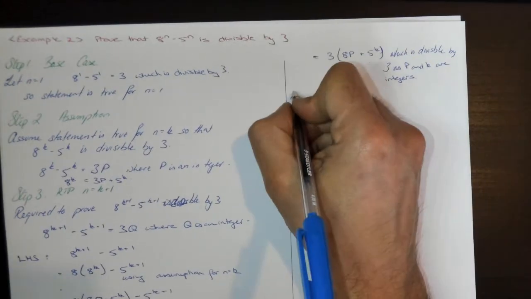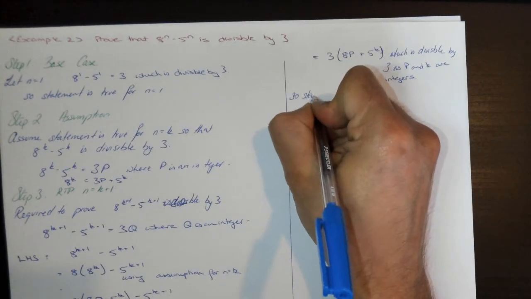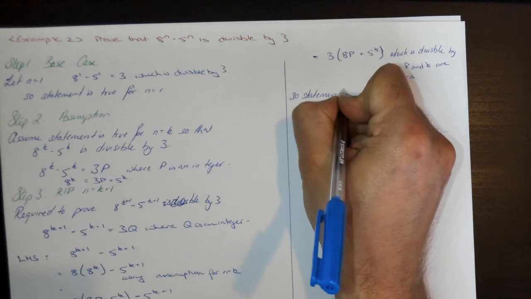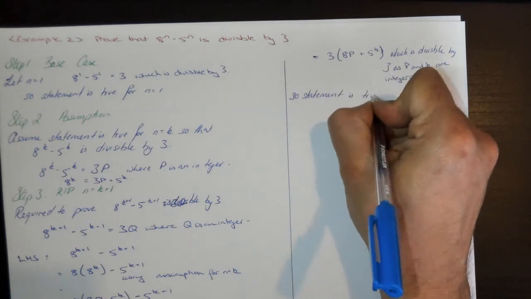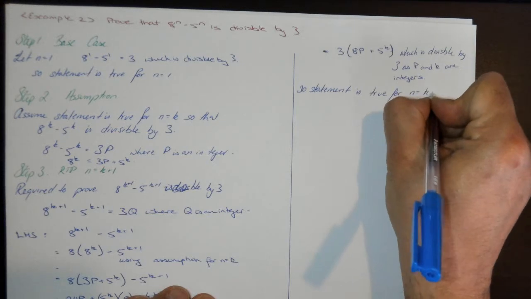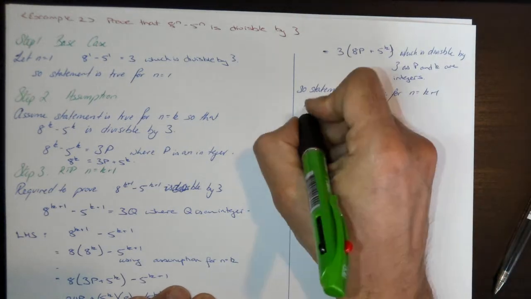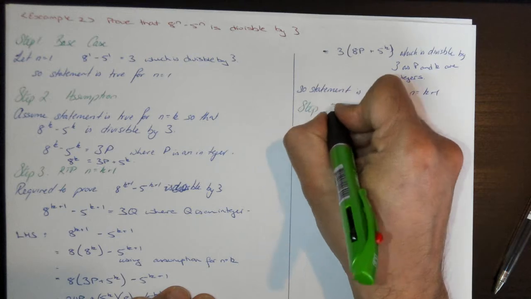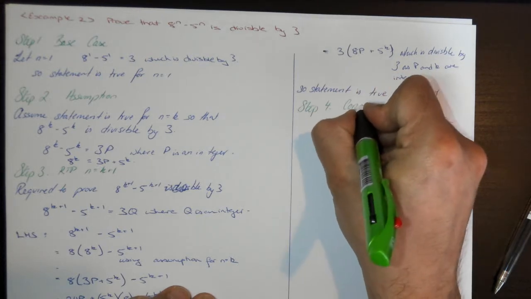So the statement is true for n equals k plus 1. So step 4 is conclusion.